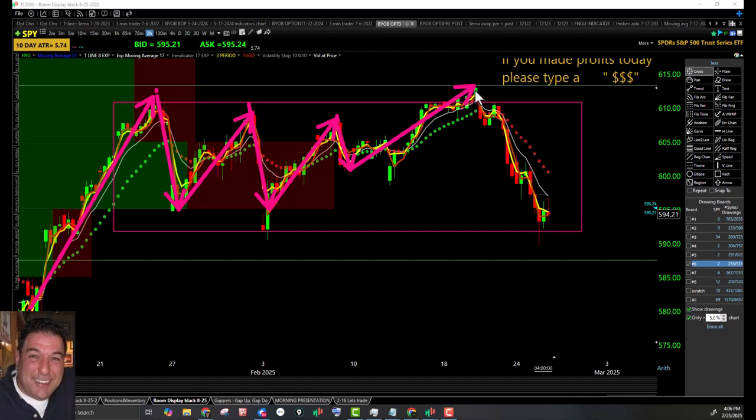So now we're coming down, and guess what? Failure to break the top. It's not a significant higher high, even though it is a new all-time high.